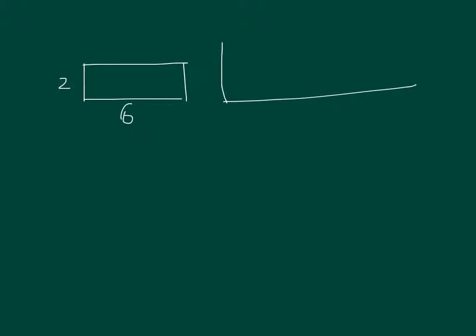And for lesson 4, we did a little bit more mathematically. We looked at the measurements. So for example, if you have a 2 by 6 rectangle, and let's say we have a 3 by 9, are they proportional, or are they scaled?